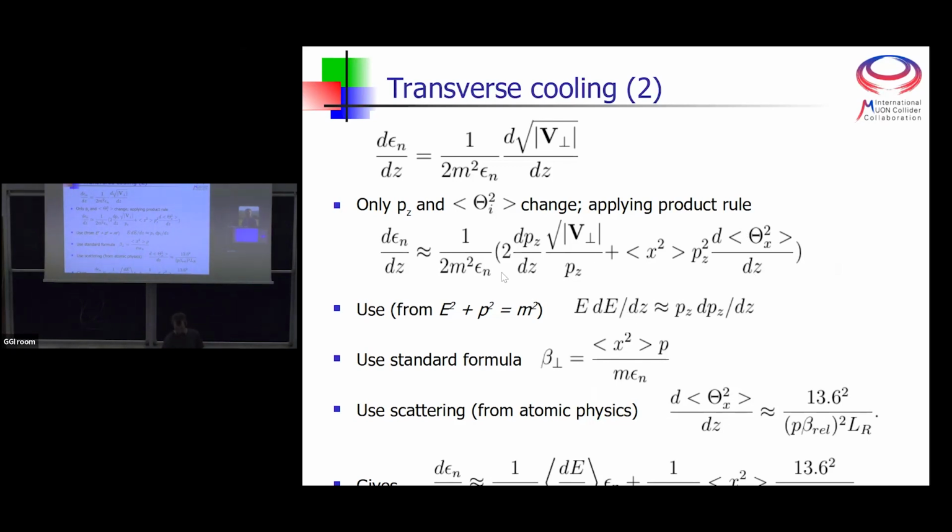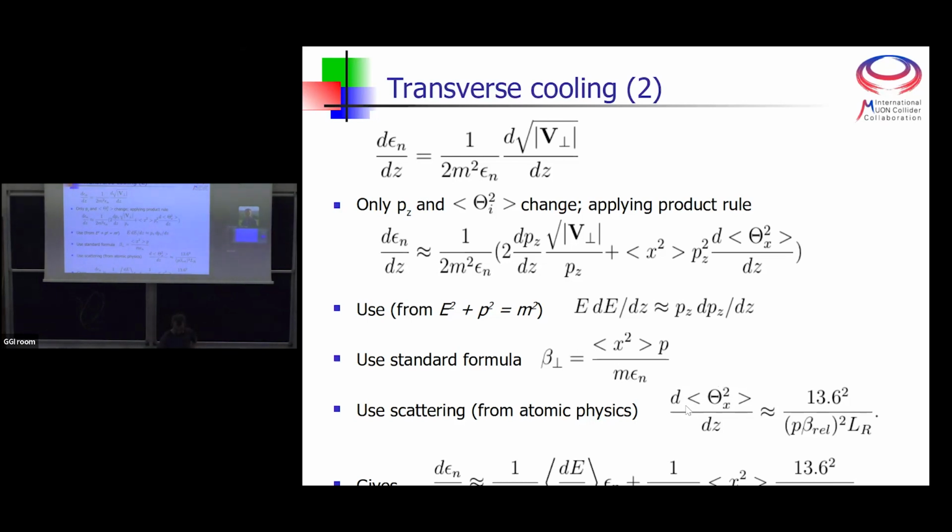Somehow it's sometimes more convenient to express things in terms of energy rather than have some bits in terms of momentum, some bits in terms of energy. So I'm going to do a substitution to write dPz/dz in terms of dE/dz. And then this beta function can be written in terms of the variance in x squared.